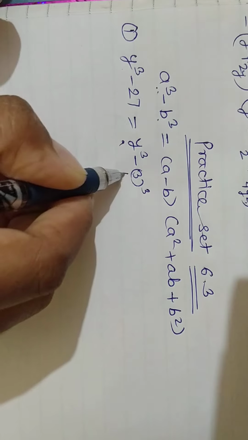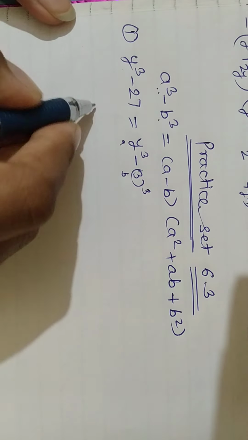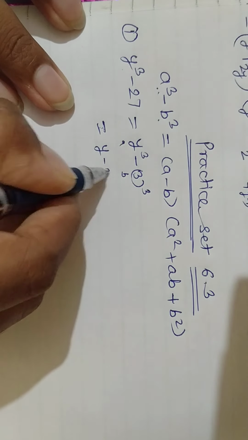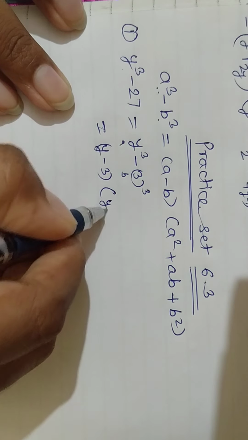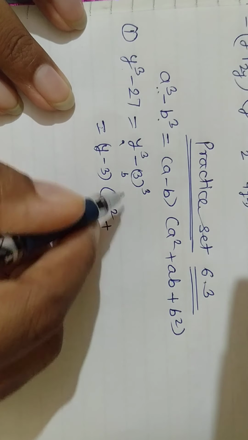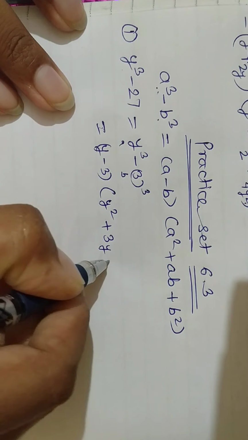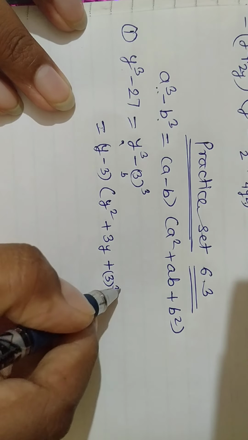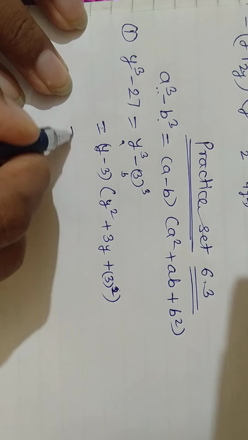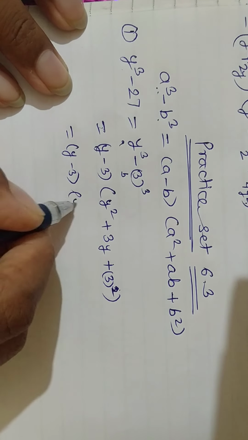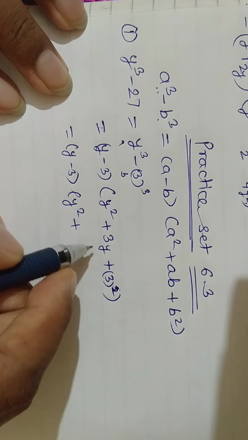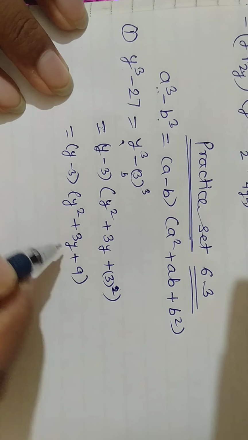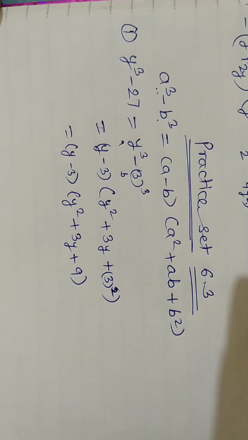Here this is a and this is b. Now we can put the values in the formula. Y minus 3, second bracket y square plus ab means 3y plus b square means 3 square. Solve this. Y minus 3, y square plus 3y plus 3 square, 9. This is your final answer.